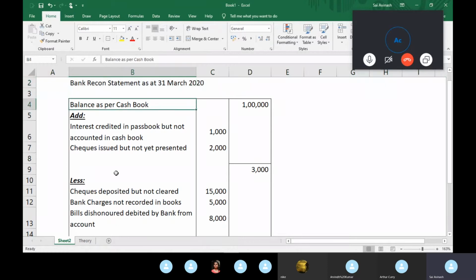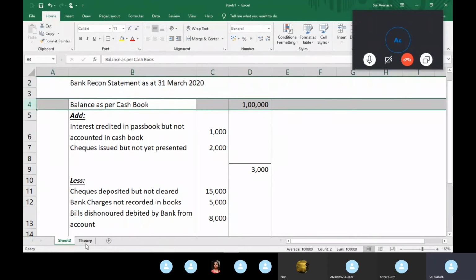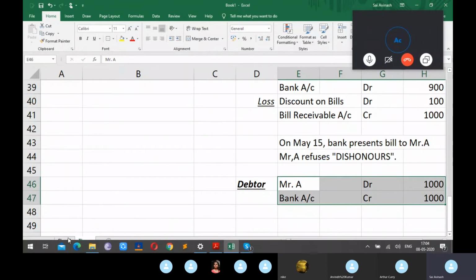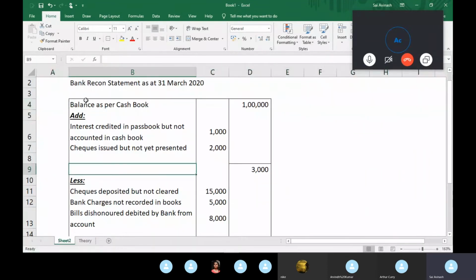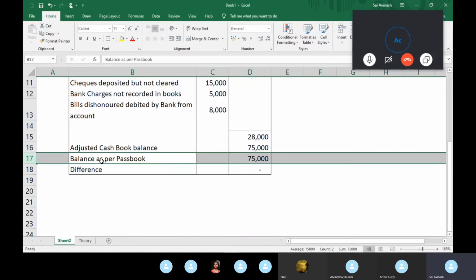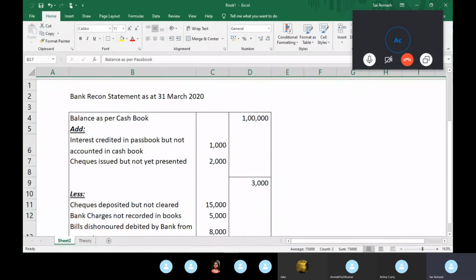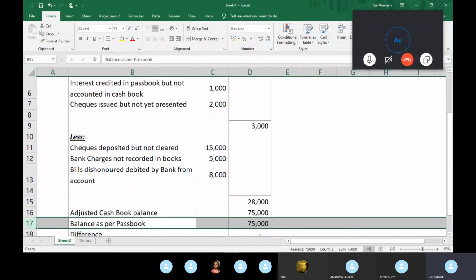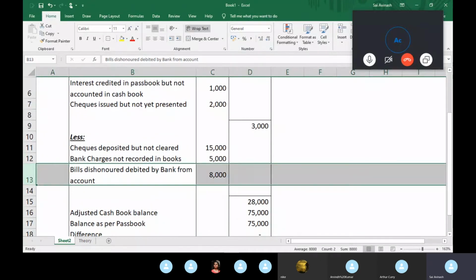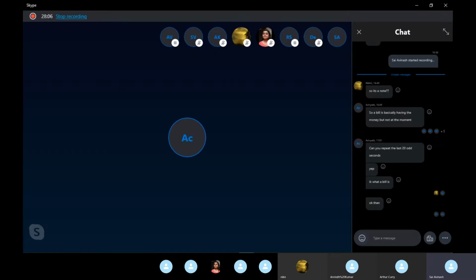So in my cash book, in my books of accounts, I will not record this transaction because I do not know of it yet. My bank has not informed me yet. So I don't know about it. However, the bank will reduce the money from my passbook, from my bank. So to explain that difference, where the bank has reduced the money, but I have not accounted it yet in my cash book, we are reducing the value from our cash book. That's the idea behind this. Fine?